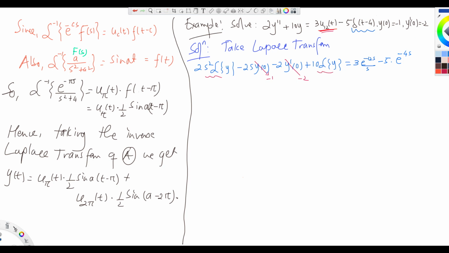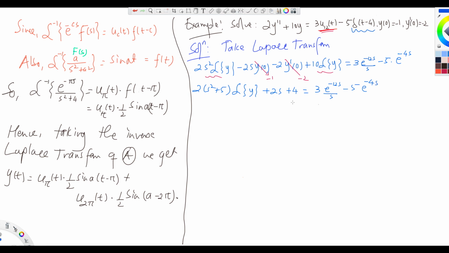So I'm taking that thing out. I'll write 2s squared plus 5 Laplace transform of y. And then plus 2s plus 4 equals to 3 e to the negative 12s over s minus 5 e to the negative 4s. You see that?